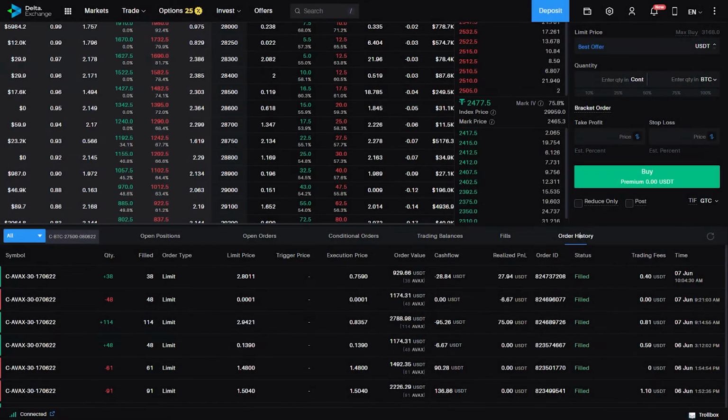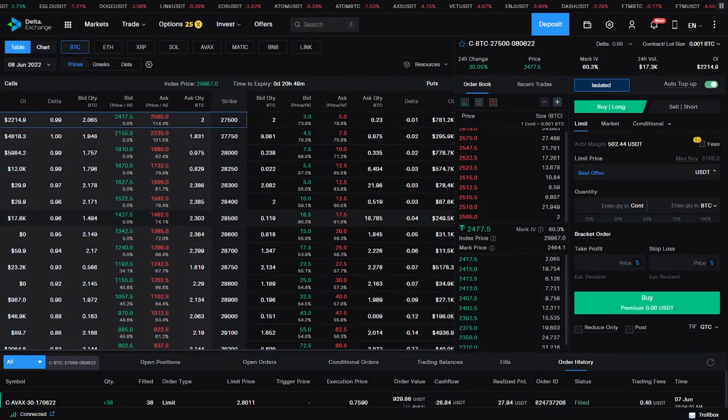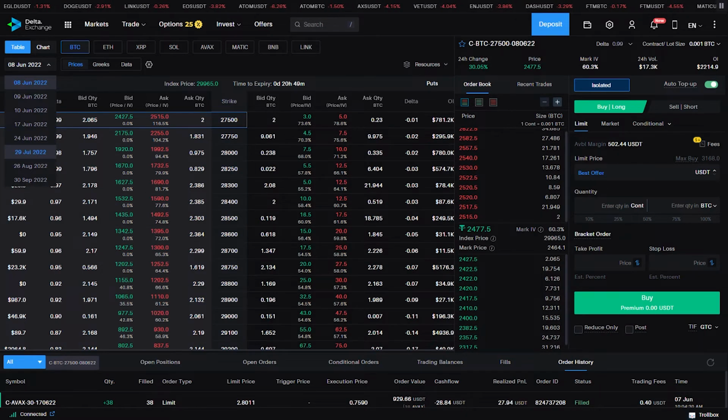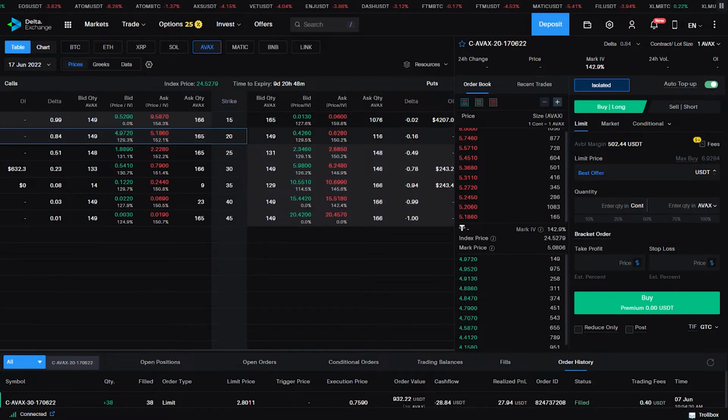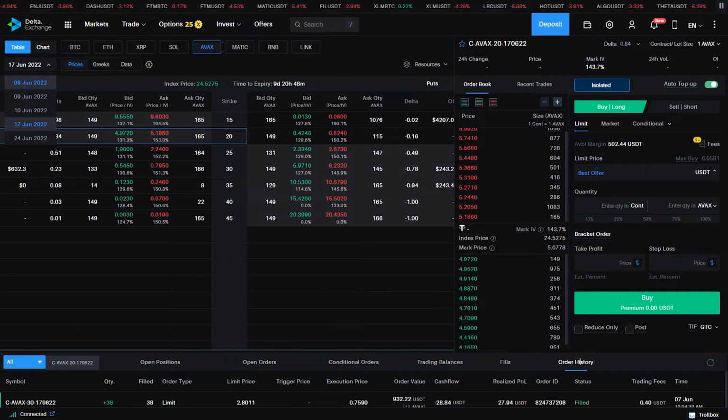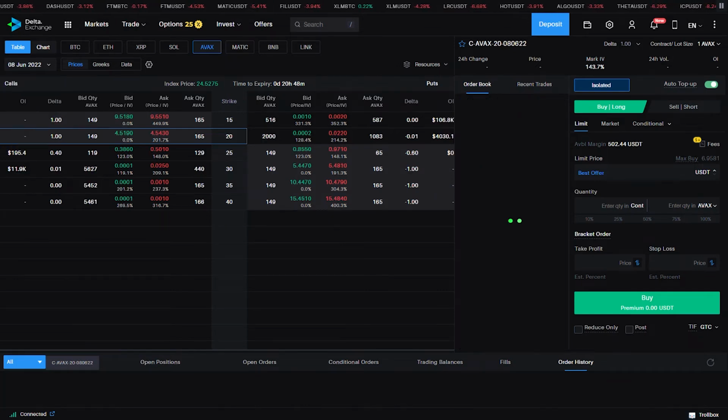Earlier I did not actually have a hedge in place, and I thought about this later. If I had taken the hedge for the same day expiry, let's say I shorted the 30 AVAX call for the 17th of June, and I decided to go with an OTM hedge, even though the premiums were lower, they were not as low as what I would get for daily expiry.